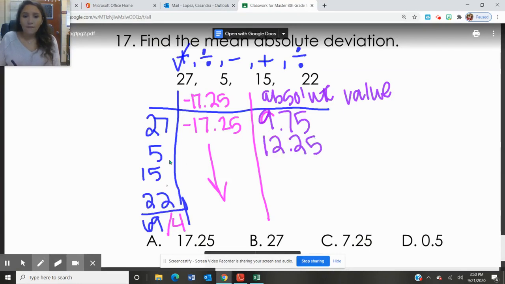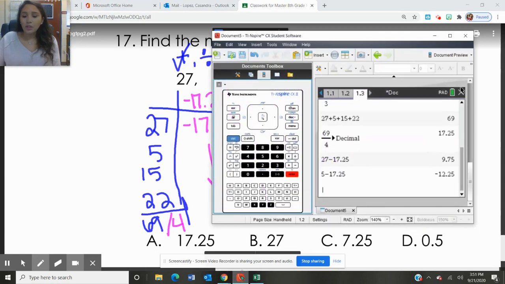Okay. 15 minus 17.25 is negative 2.25. I'm going to drop the negative symbol, and I'm just going to write 2.25. And then I have 22 minus 17.25. I'm going to go ahead and open up my calculator. So 22 minus 17.25, and I get 4.75.